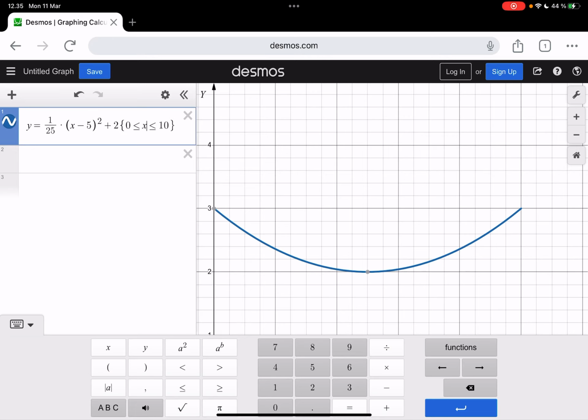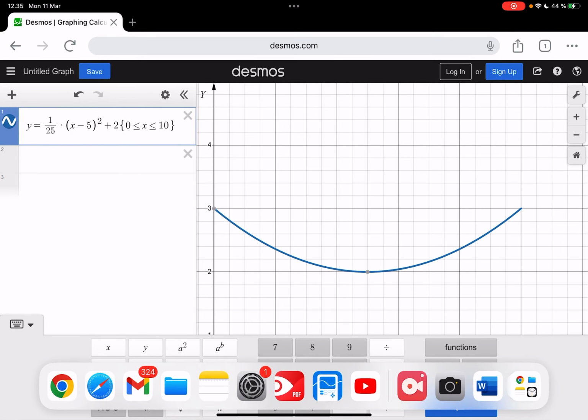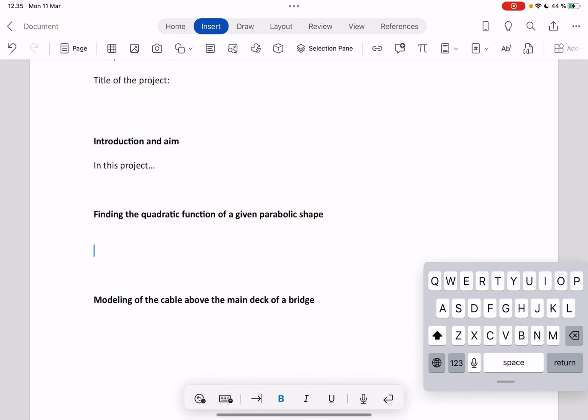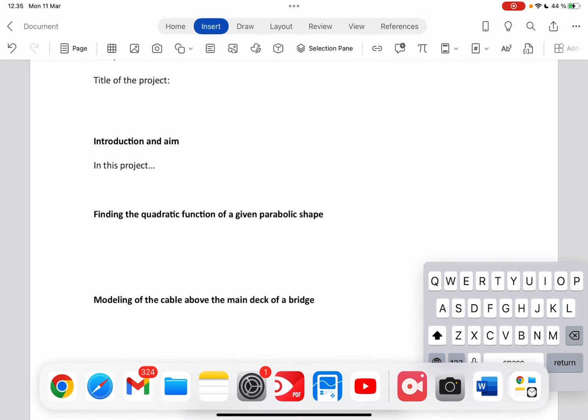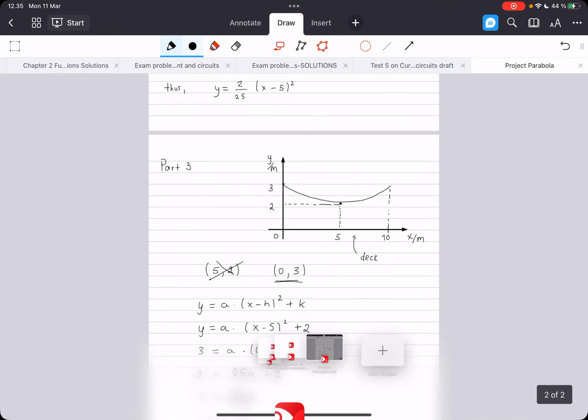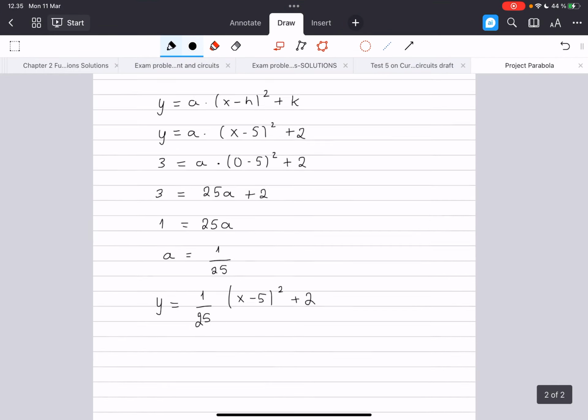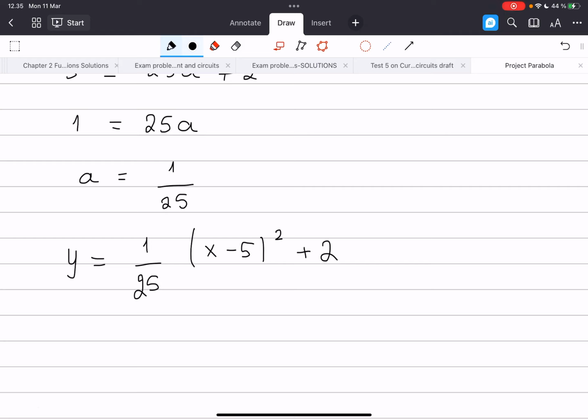Whatever you have written for x that goes from 0 to 10, that is also your domain. So if you take this as it is, if you could copy, that'd be great, but you can't. And you go back to your Word document, for example. When you write your project, you're going to have to state the function that you found, which was this. But also, this function is for the domain.